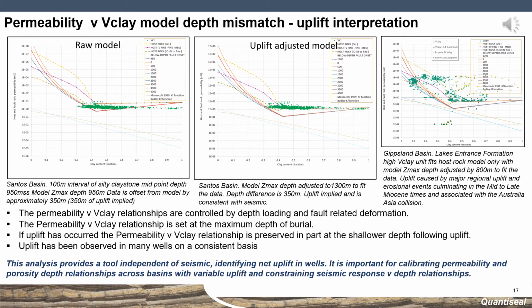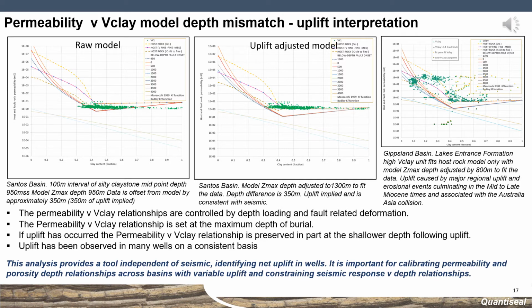On the right side there is a similar story. This one's in the Gippsland Basin, and this shows where we have a good match to the gradient of the high V clay units with the host rock model, and this requires an uplift of about 800 meters.